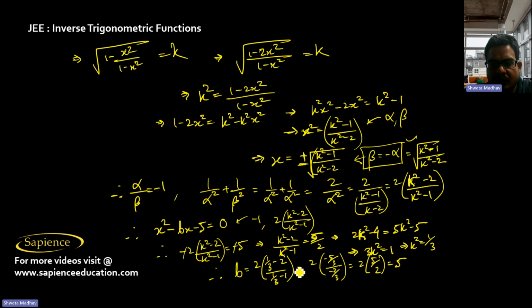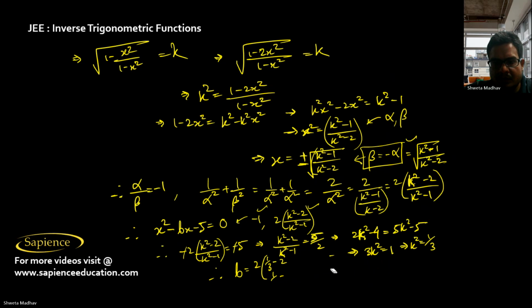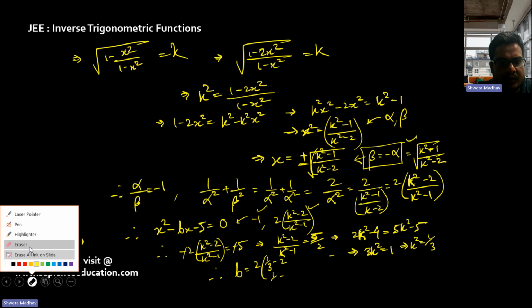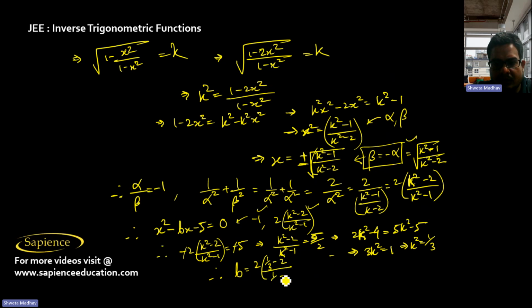So here we have to do sum of the roots, which is this plus this, so this minus 1 we have to do. So b, that will be 2 into 1 by 3 minus 2 by 1 by 3 minus 1, minus 1.